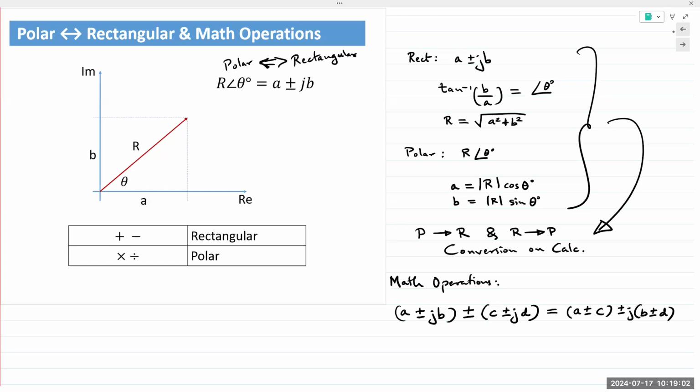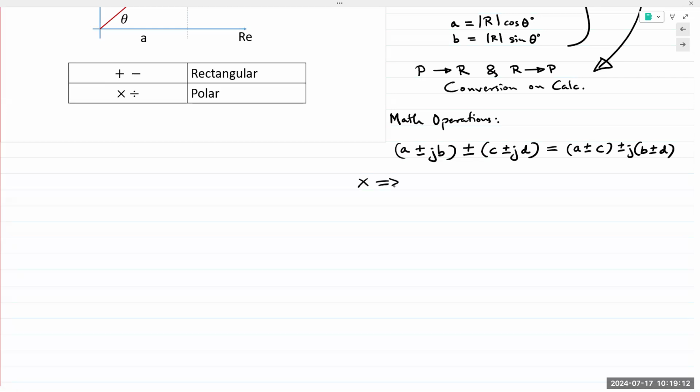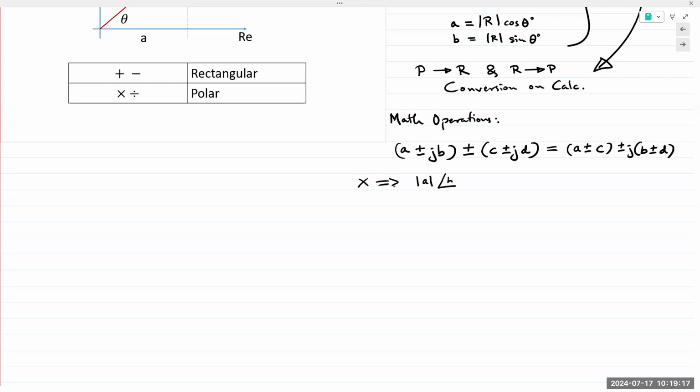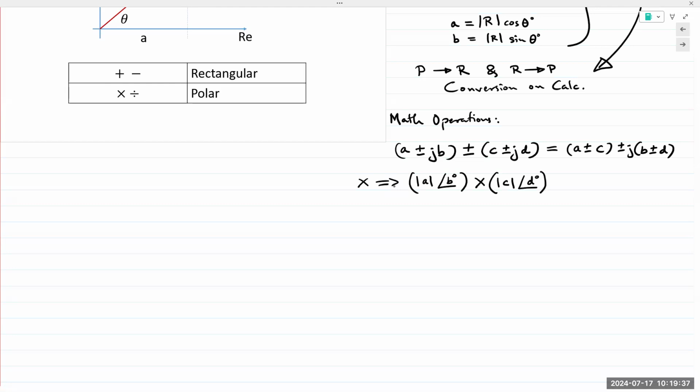All right, then multiplication and division. Let's take it one at a time. If you have two numbers, and you're trying to multiply them together, let's say magnitude of A with a phase angle of B, trying to multiply this number with another one that has magnitude C and phase angle D. Anyone know how to do this?